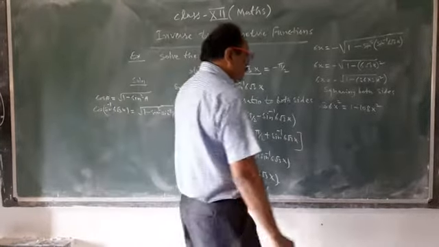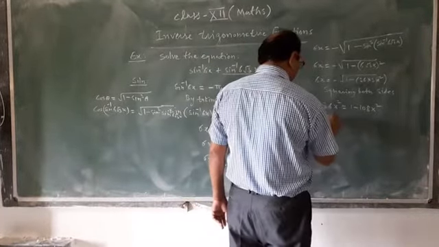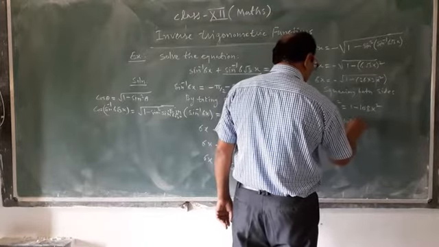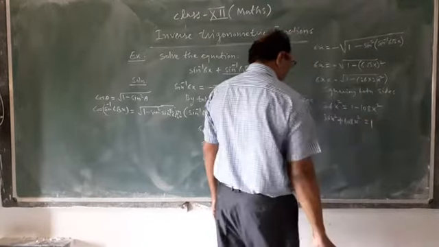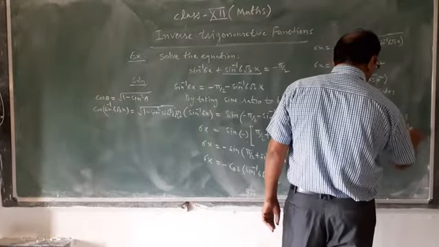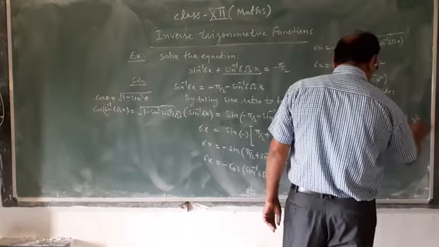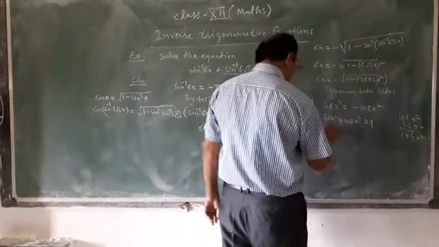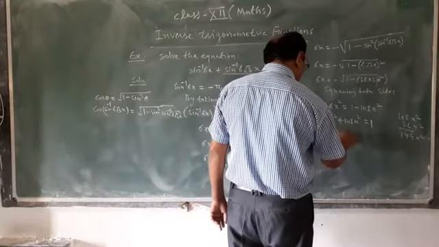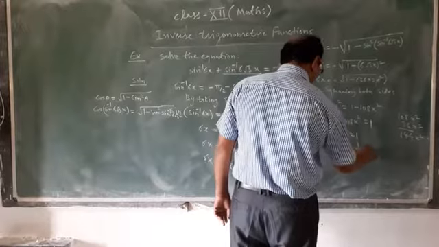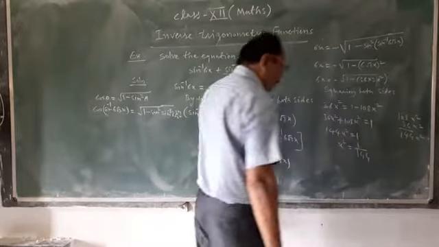Here we take 36x square plus 108x square is equal to 1, means 108 plus 36 it is 144x square. 144x square is equal to 1, means x square is equal to 1 upon 144.